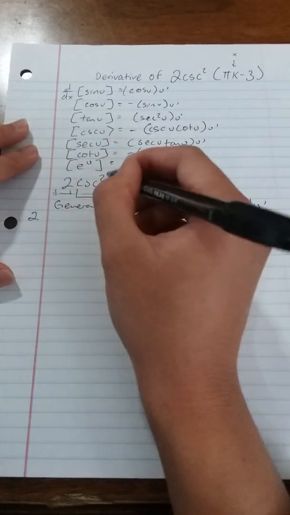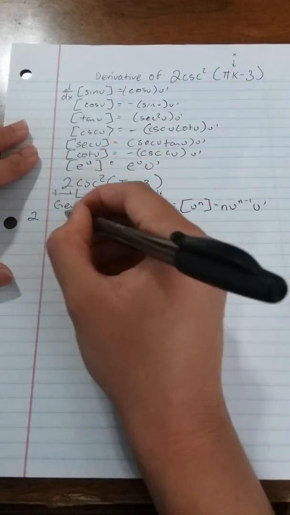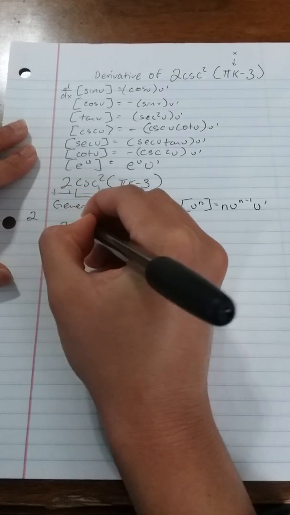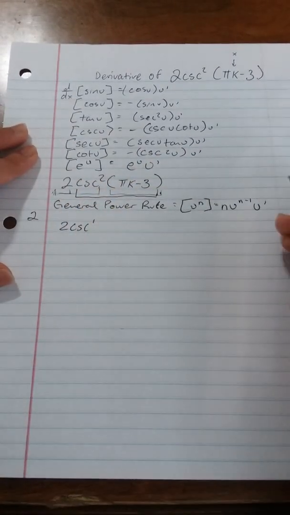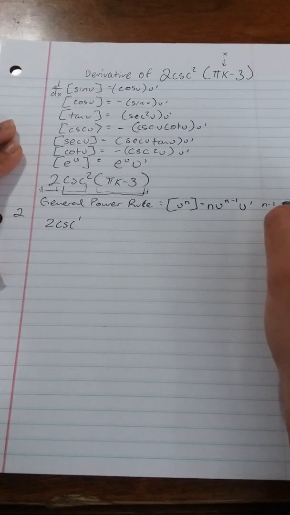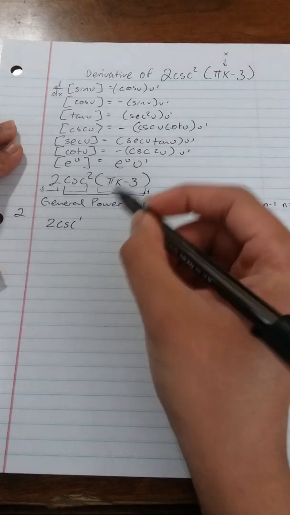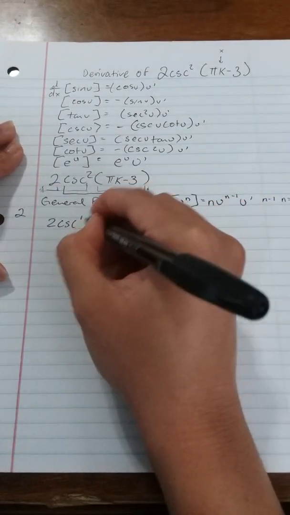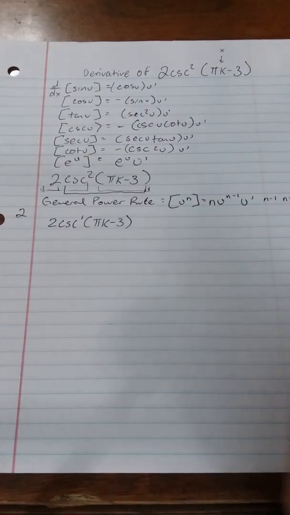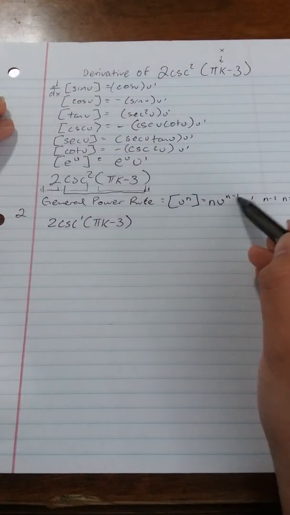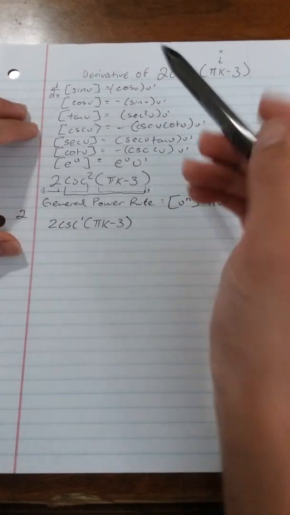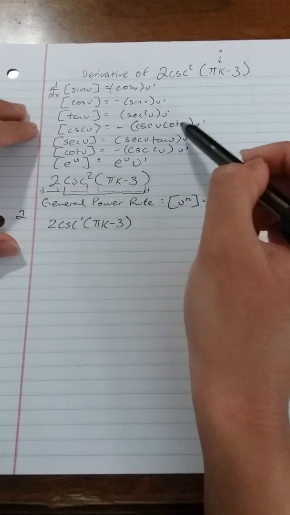We take the csc squared and bring down that exponent 2, so we get 2 csc to the first now. Because of the n minus 1, n was equal to 2, so that equals 1. Then we're taking the (πk - 3). Okay, so that's that first part.